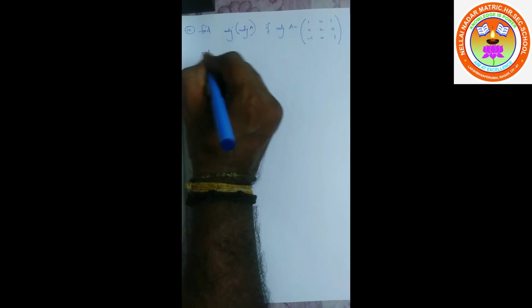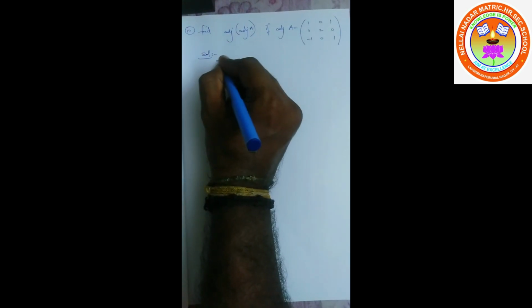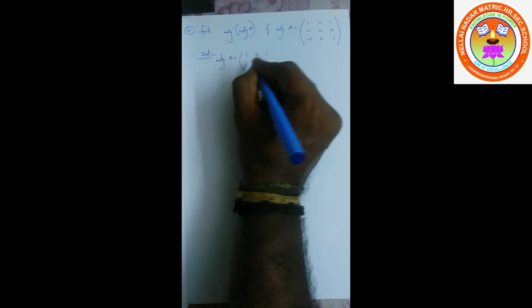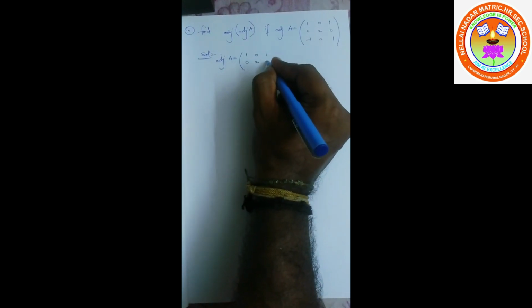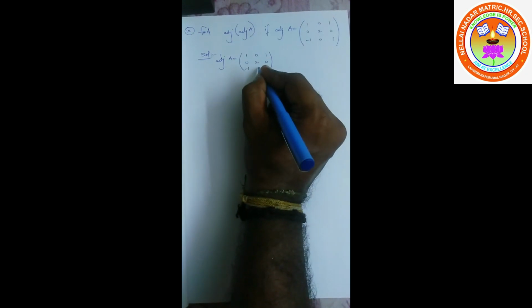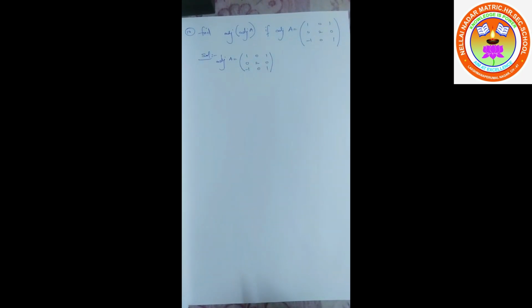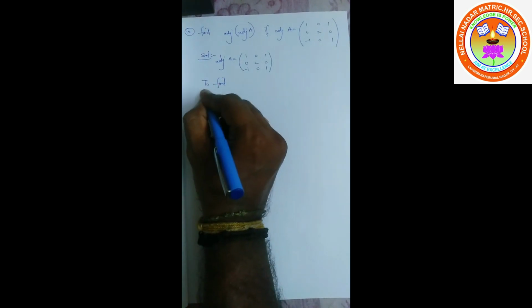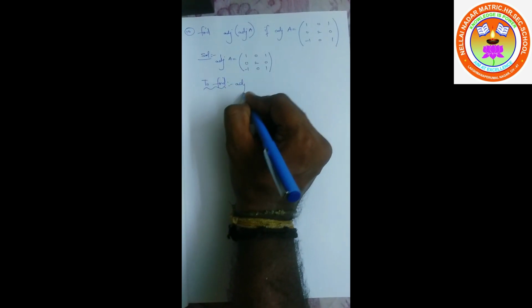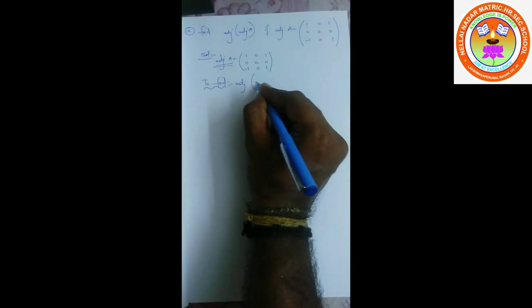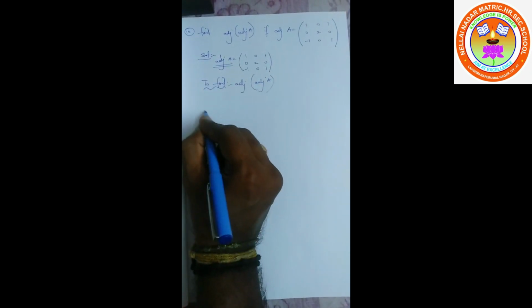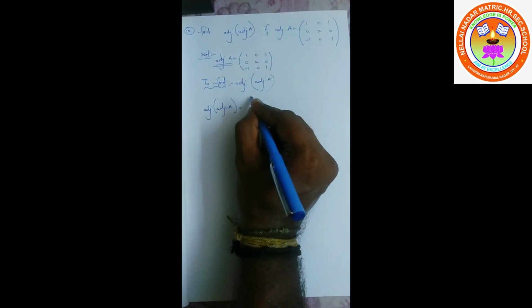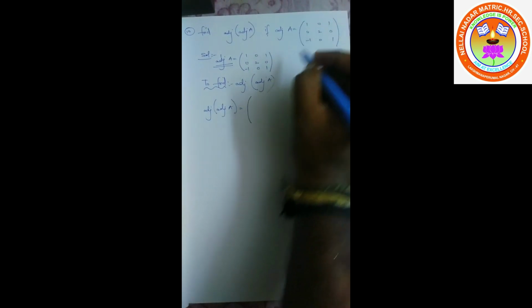Solution: the given adjoint of A is 1, 0, 1, 0, 2, 0, minus 1, 0, 1. To find adjoint for adjoint of A.